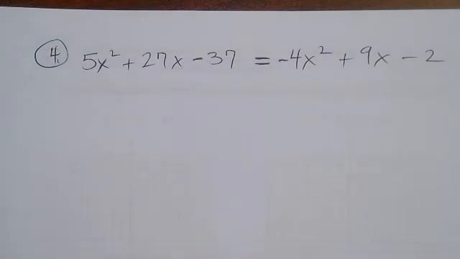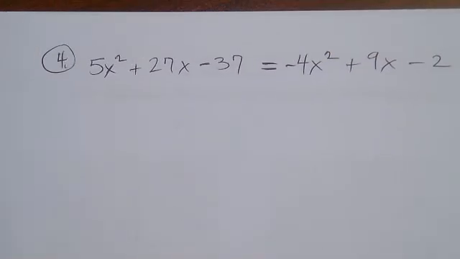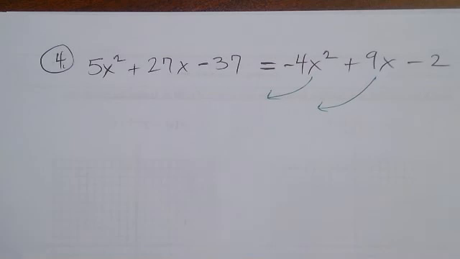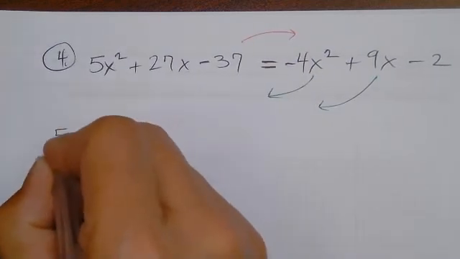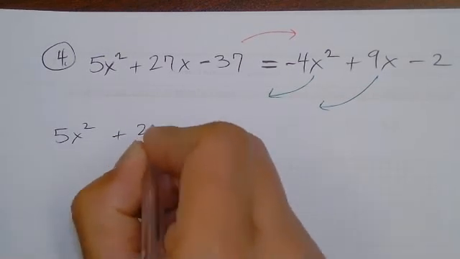You see, they're going to do something like this just to make it look like something you can't do or too difficult. It's not, right? We've got to move things around, organize, combine like terms. Everybody agree the x's we're going to want on that side and the number on that side?